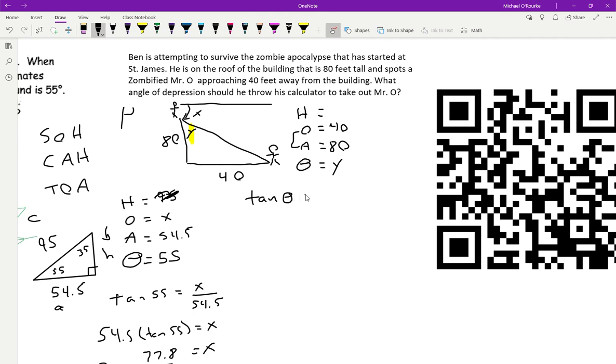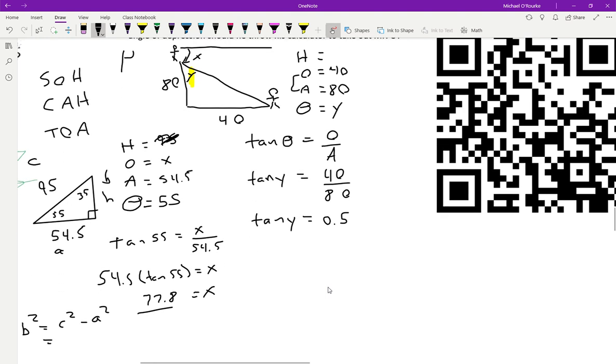So tan theta equals O over A. So tan Y equals 40 over 80. Tan Y equals 0.5. Now, what's my next step from here? What do I need to move over?